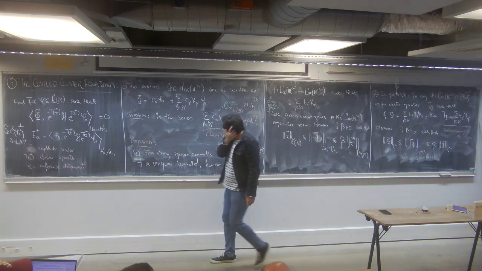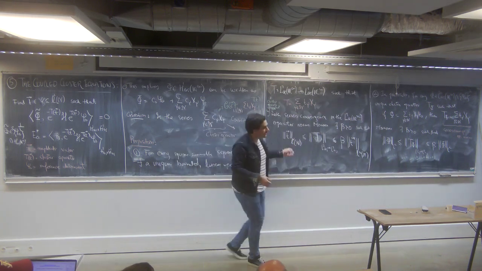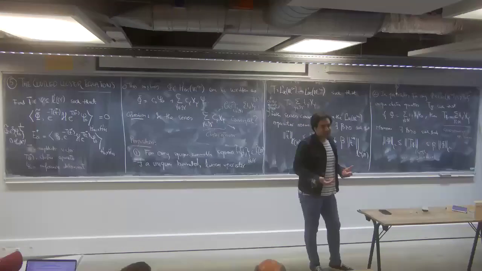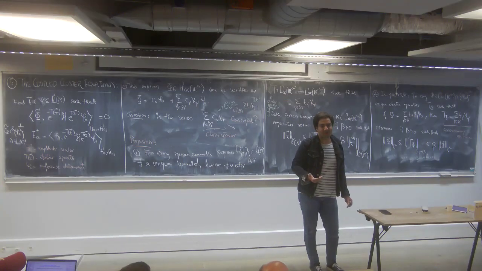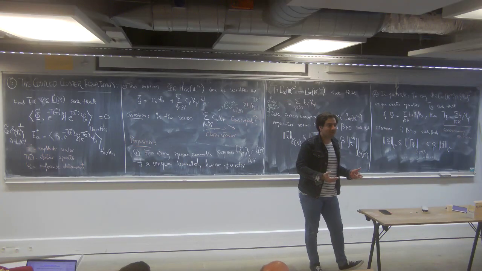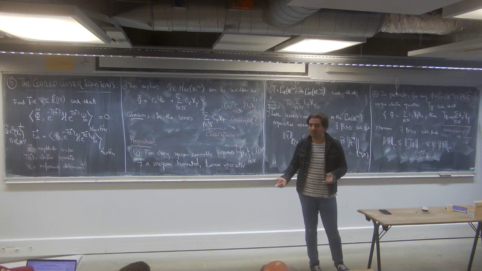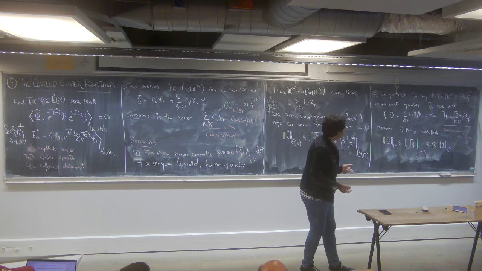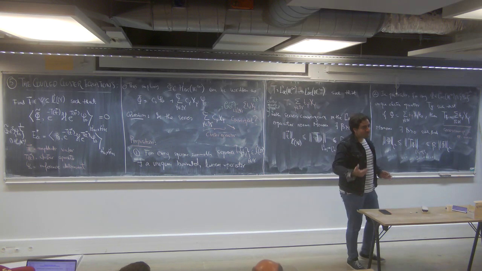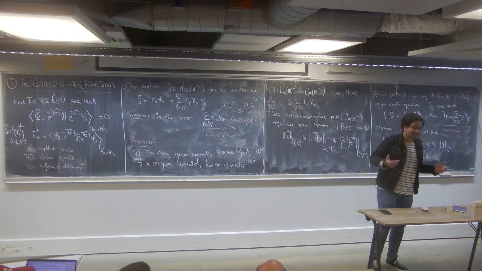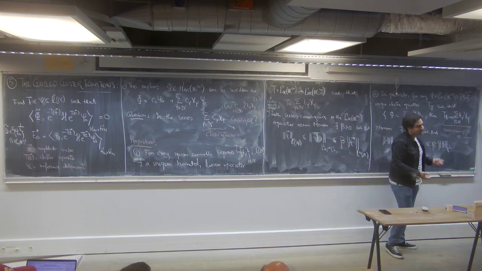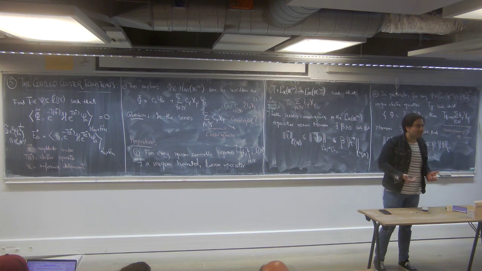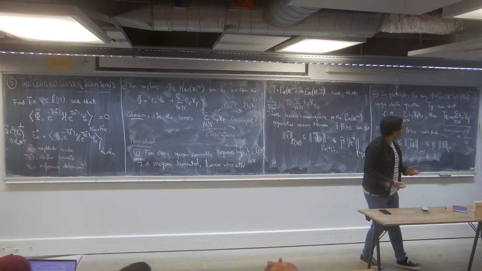So all I'm saying here is that in the first statement, we said, okay, if you give me a square summable sequence, then I can define a corresponding cluster operator, and this guy will be well defined as a bounded linear mapping from L2 to L2, and I have series convergence in the L2 operator norm. The second statement says, okay, instead of giving me a square summable sequence, if you give me a wave function, which is in L2 and which is orthogonal to the reference determinant, then again, I can define for you a cluster operator corresponding to this wave function.